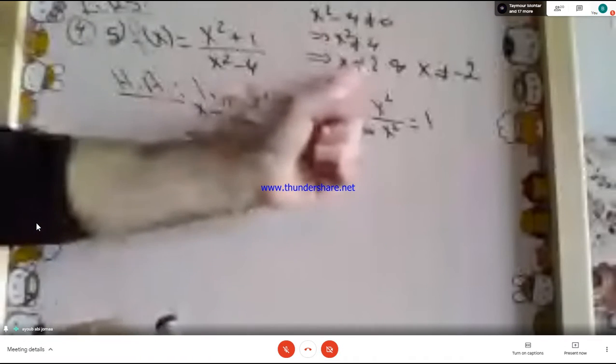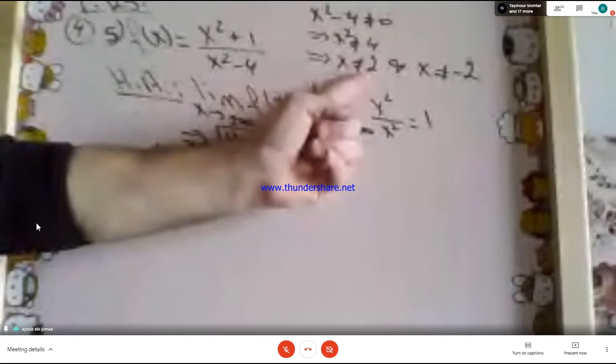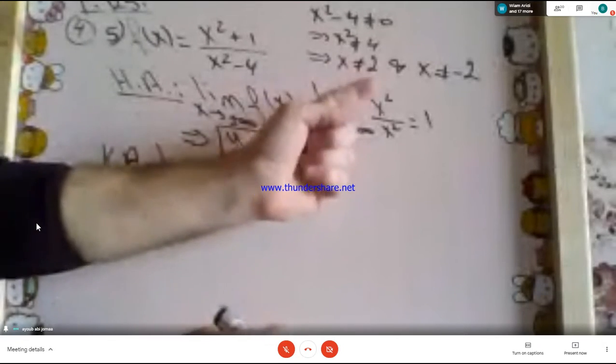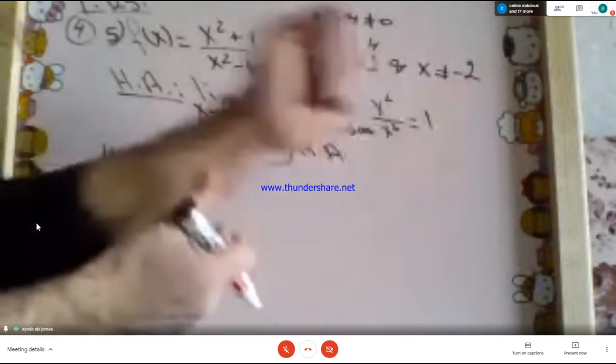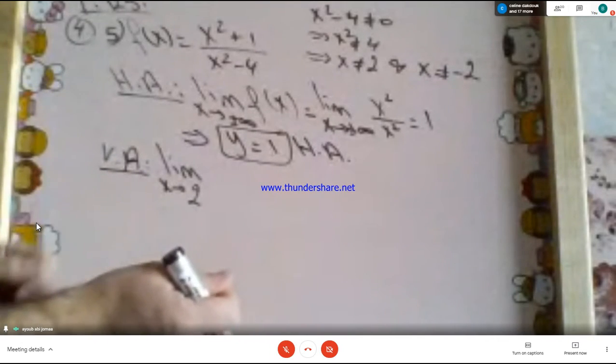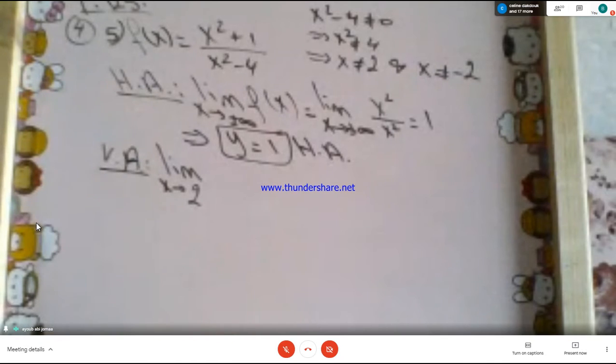So here you have to find the limit as x approaches 2 minus or 2 plus, and the limit as x approaches negative 2 minus or negative 2 plus. You have to find two limits. We may have two vertical asymptotes.